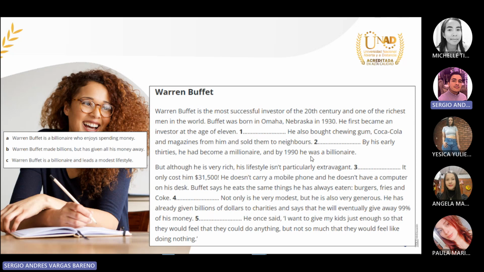So in general, ladies, do you have questions about the vocabulary in this text, about the pronunciation, the meaning, or is it all clear? Teacher, what is the meaning of chewing gum? In what part? Sorry. In the first paragraph. It says chewing gum, Coca-Cola. But what is the meaning of chewing? Okay, chewing gum.